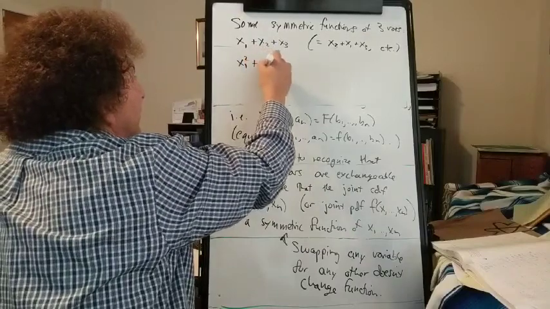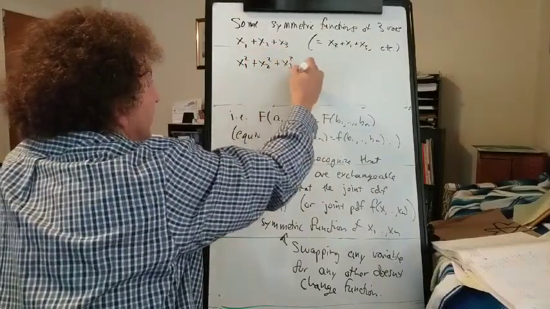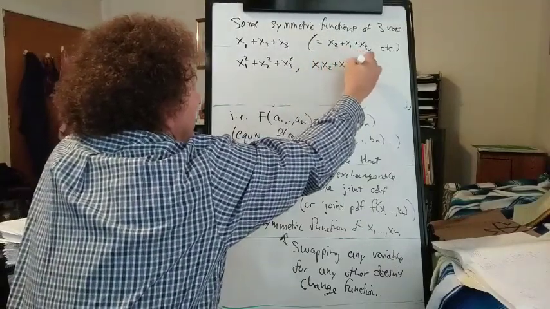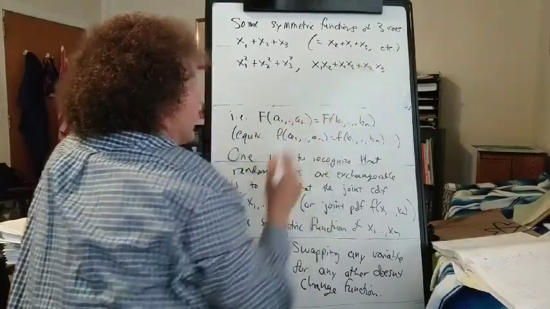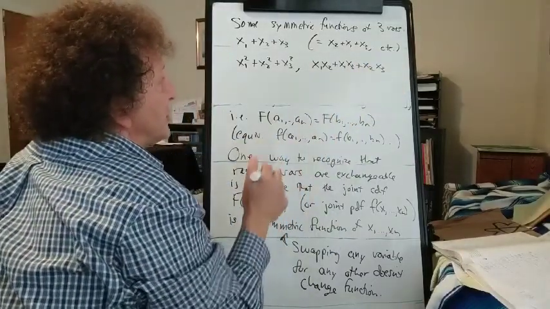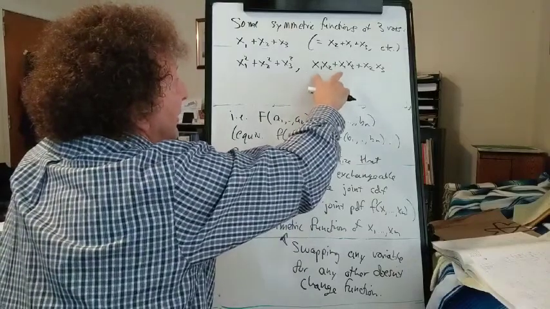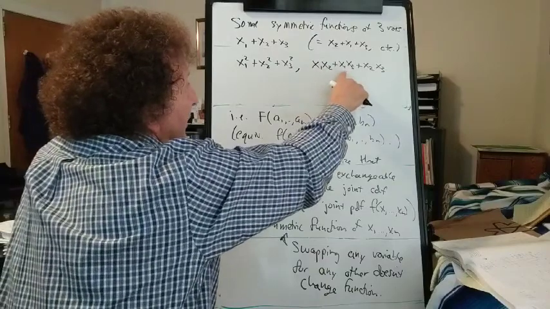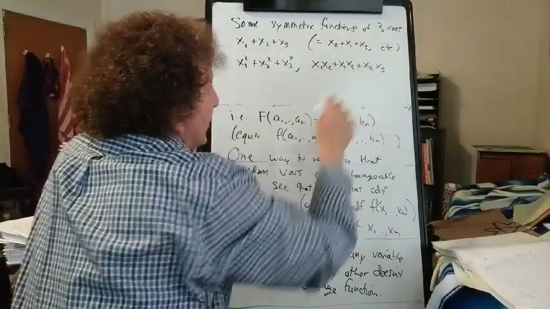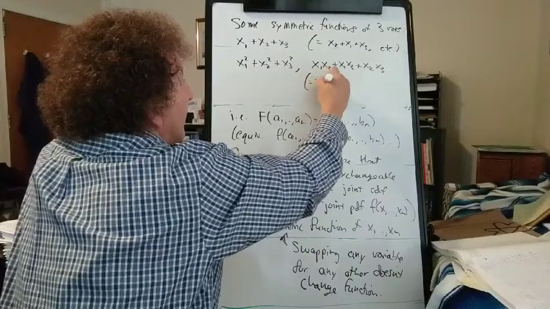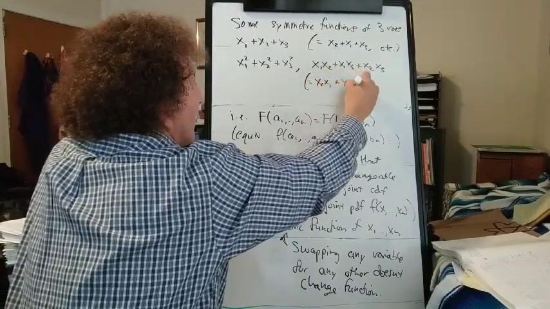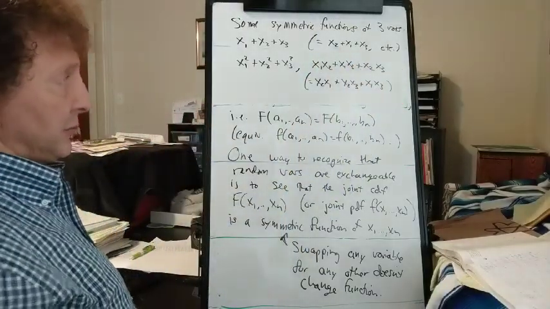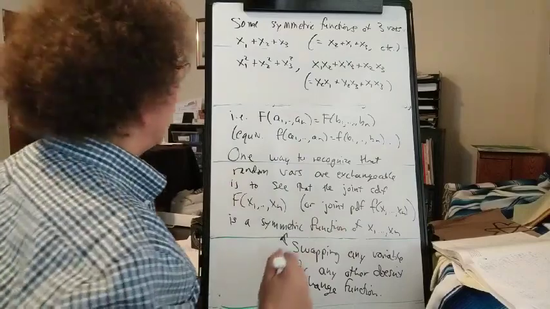Similarly, x1 squared plus x2 squared plus x3 squared is symmetric. x1 x2 plus x1 x3 plus x2 x3 is symmetric. You can see that if we change all the x1s to x2s and all the x2s to x1s, this becomes x2 x1, which is the same. This becomes x2 x3, that becomes x1 x3. So it doesn't change if you swap any two variables. You could swap x2 and x3, you could swap x1 and x3.